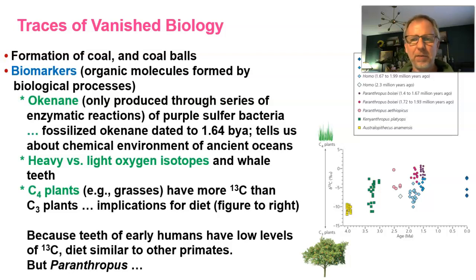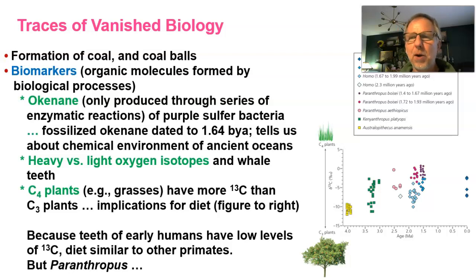What we can see from this, Homo sapiens are way over on the right because we are recent, in that time scale. And you can see we're more in the C3 plant range. So we're not eating grasses, we're eating fruits and various other vegetables.